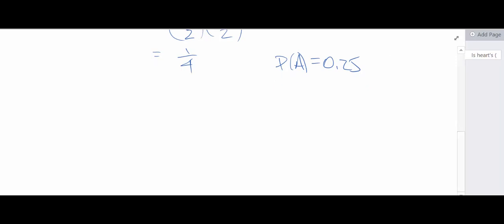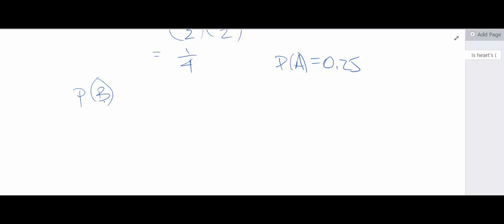Let's say that we're going to define event B as the probability of drawing a red card from a well-shuffled deck of 52 playing cards, but then you don't put that card back. So this is without replacement. And now you draw the next card, and it's also red.